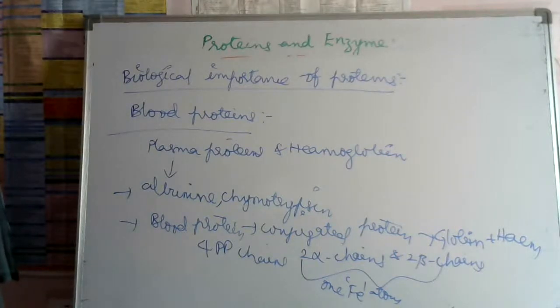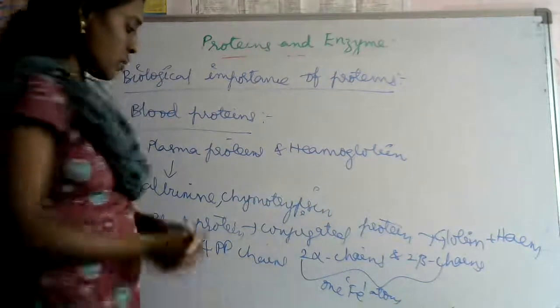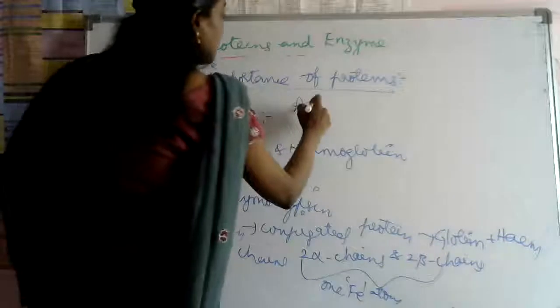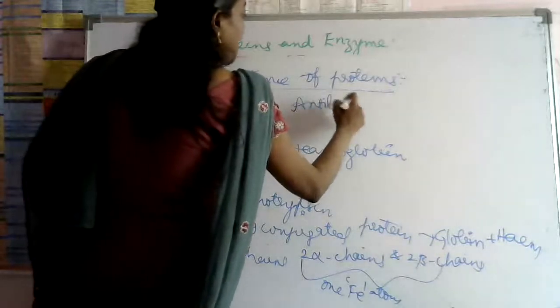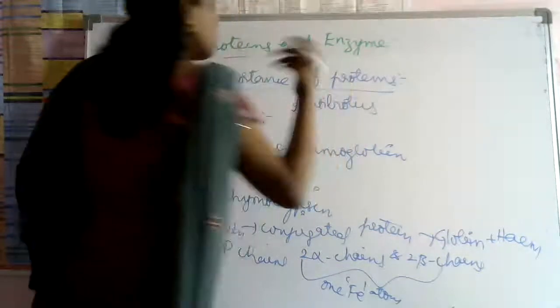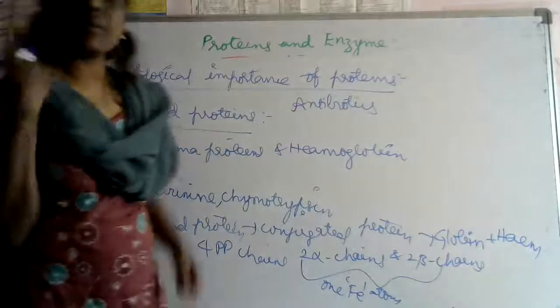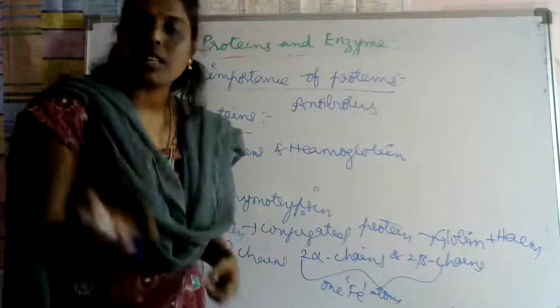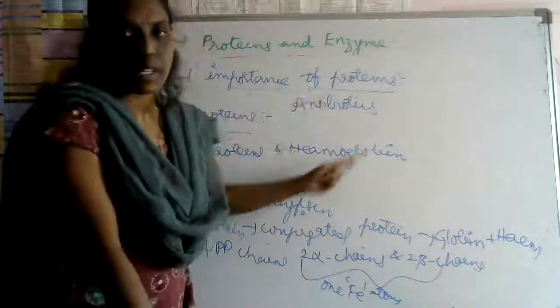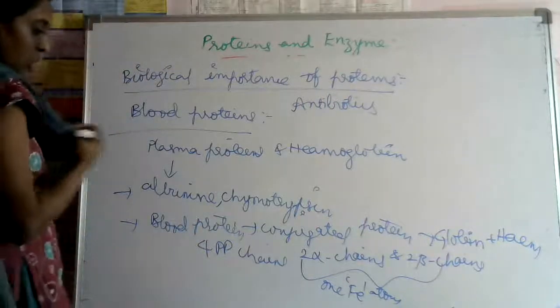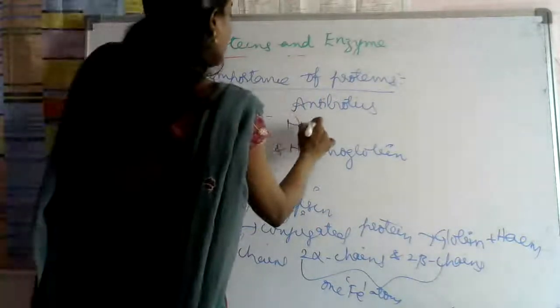Next, nuclear proteins. Antibiotics are there. We are using antibiotics. Our body itself produces some antibiotics which are nothing but proteins only. And nuclear proteins will be there.